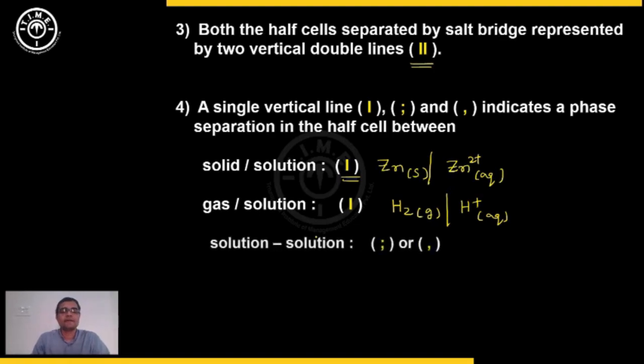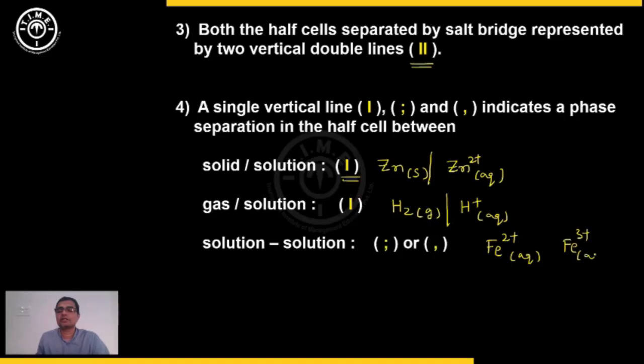Next, two solutions are separated by a semicolon or comma. For example, Fe2+ ion and Fe3+ ion, both in aqueous solution, separated by a comma or semicolon.